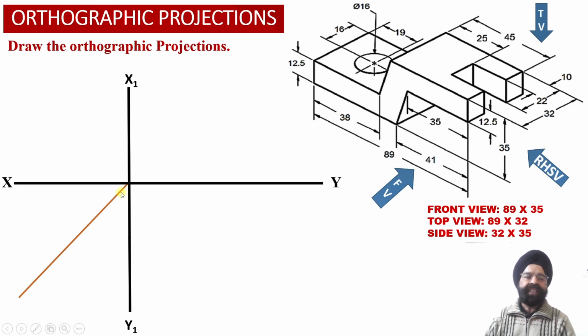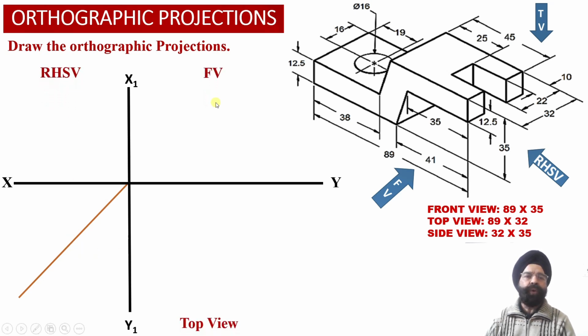This transfer line has been drawn at an angle of 45 degree with respect to the XY reference line. We are going to use this transfer line to transfer the distances from the top view projections, alongside the depth of the solid, into the right hand side view projections.